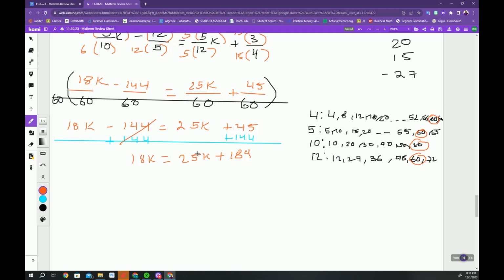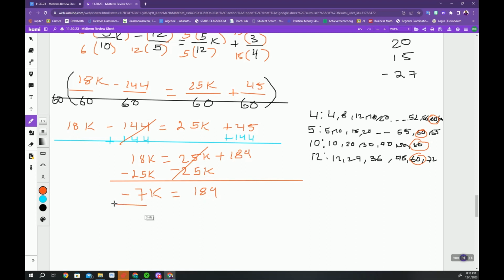Oh no, wait, not yet. Well, we're still solving for k. We want to get them all on the same side. 25k subtracted from both sides to get all of the k's on the left side. 18k minus 25k is negative 7k equals 189.